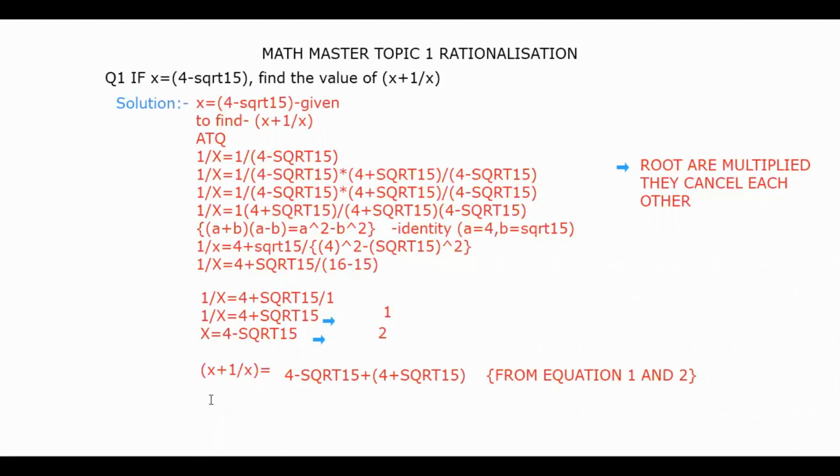Now let's start it. Are you clear till here? I hope that you have understood it. Now x plus 1 divided by x will be equal to, now open the brackets, 4 minus square root 15 plus 4 plus, because the plus sign is outside the bracket, so the signs inside will not change.